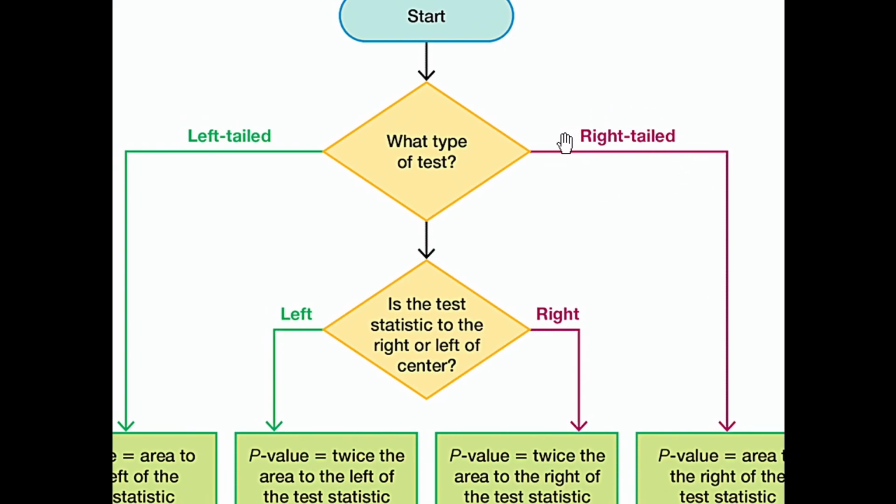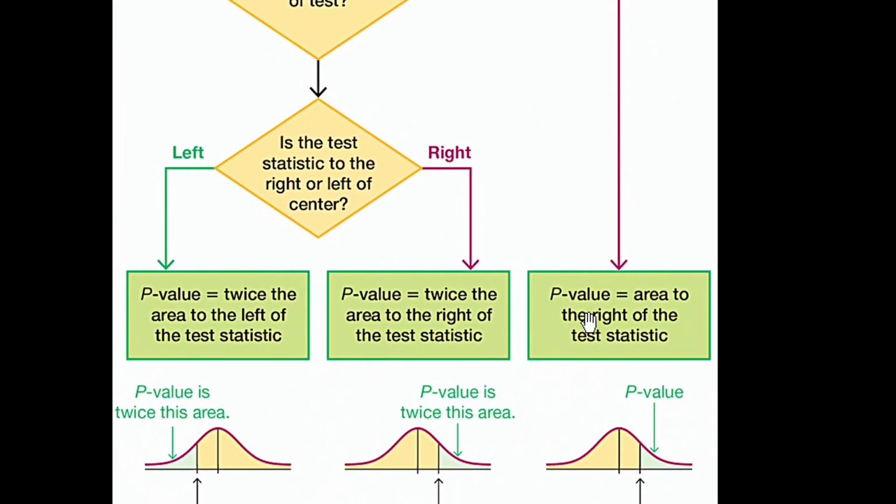Because greater than goes to the right, that means we're right-tailed. So the p-value was the area that we just calculated. That was the area to the right of the test statistic. But if we're using table A2, then the area to the right, as we've talked about many times in earlier lectures in this course, is 1 minus the area in table A2.